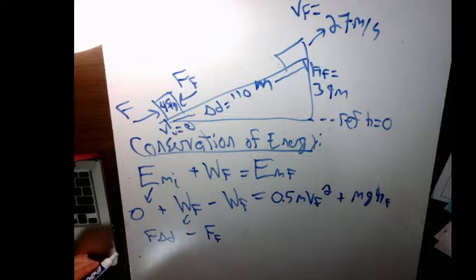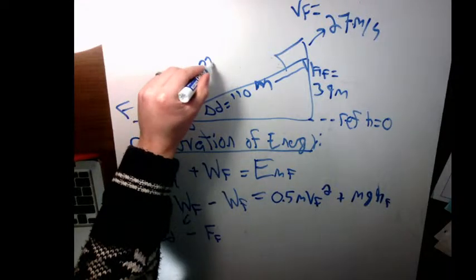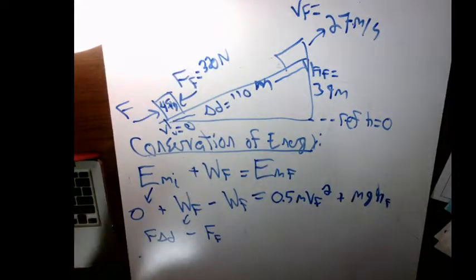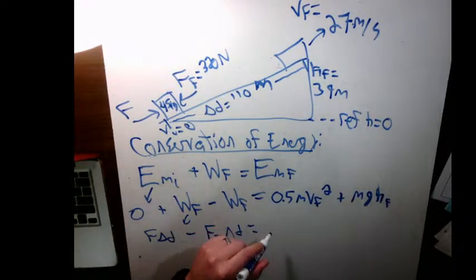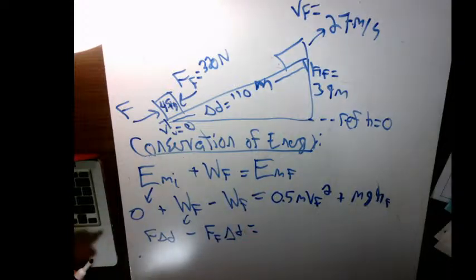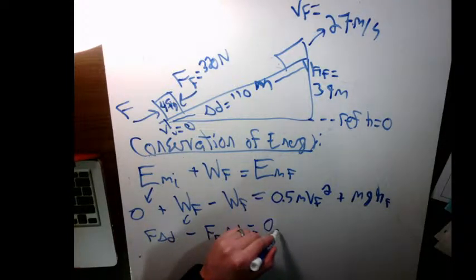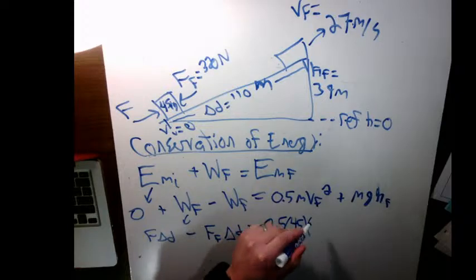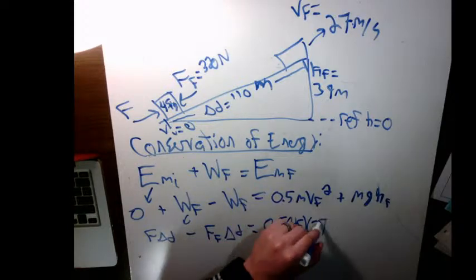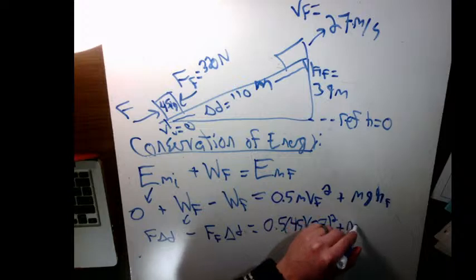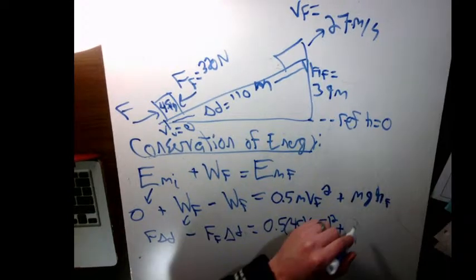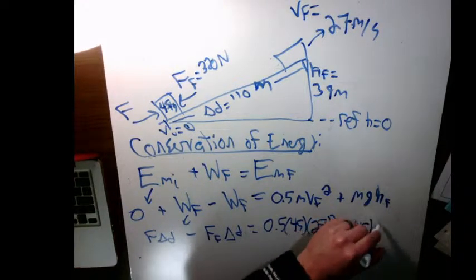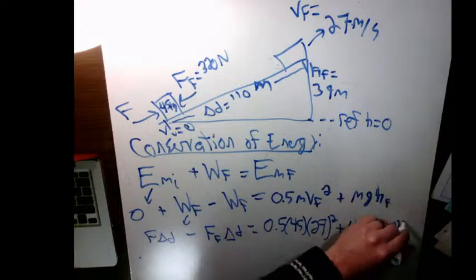And we're going to subtract the force of friction, which is given to us. They tell us it's an average of 320 newtons times the same displacement is equal to all of that. I'll actually throw in the numbers here. Half of our 45 kilograms and our final speed of 27 squared plus our mass of 45, gravity, and a height of 39.